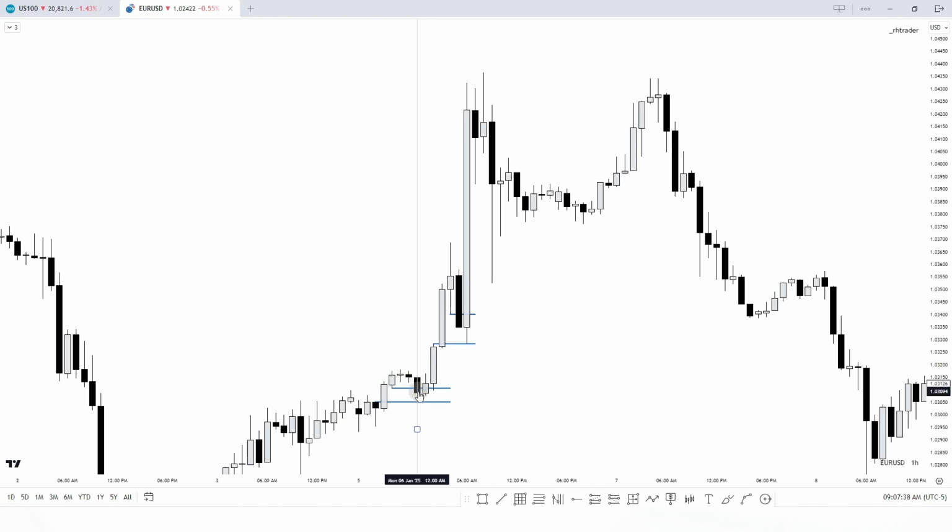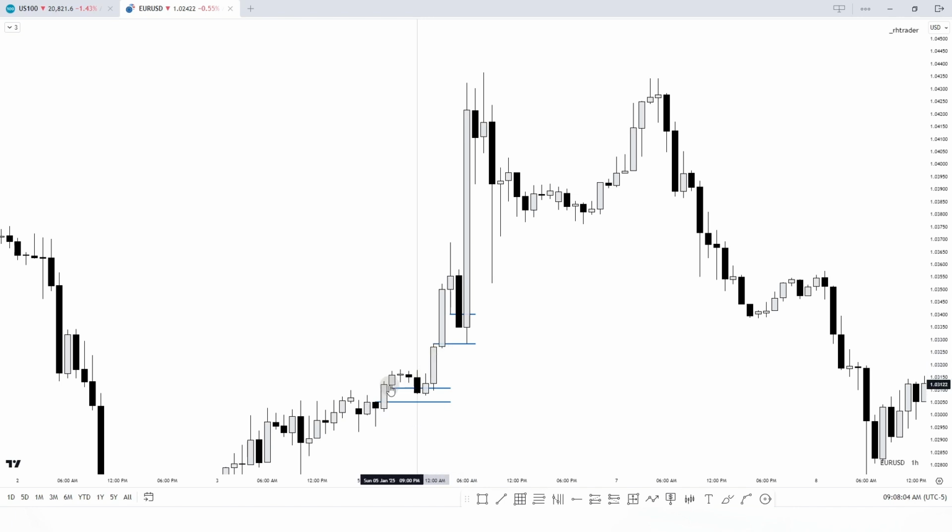Price returns into this gap, moves higher, does it again here, and expands higher aggressively. The gap here, as you notice, is not tapped. This is a breakaway gap. I will go into more detail in a further video.